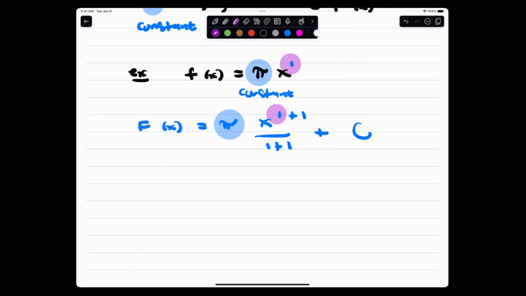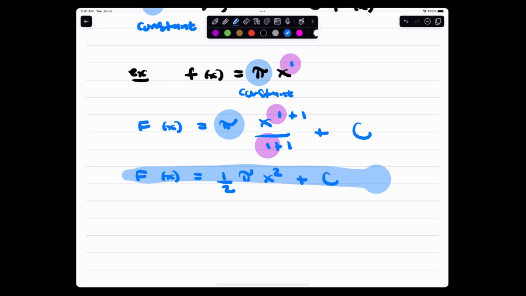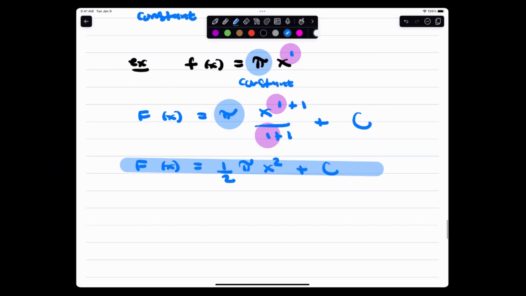So nothing's changed. What do you guys think? Pretty simple? So this would be 1/2 pi x squared plus c. Okay, you guys with me on this? Not too bad.